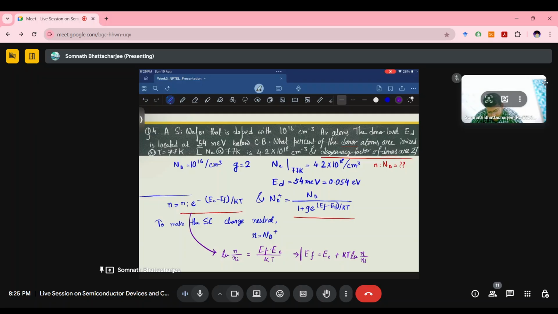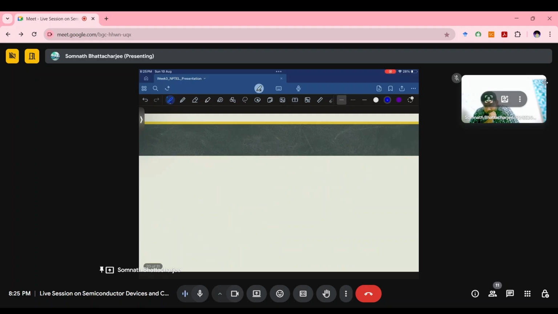So we have got this from the first equation. Just substitute it into the second equation. What we have already got is N equals ND divided by 1 plus G e to the power of (EF minus ED) by KT.